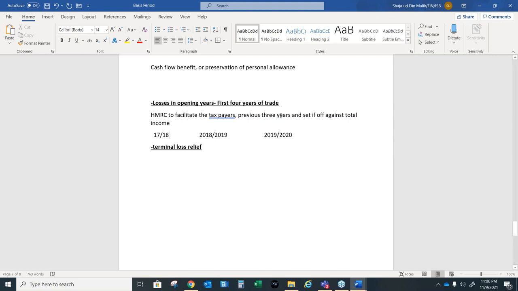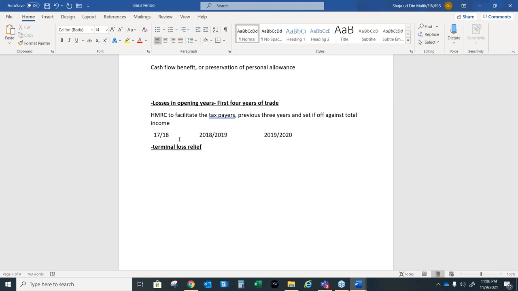So you can write off your trading losses against the income that is not your trading income. Even when there was no trade, the income you earned can be used to settle the trading loss, only in the case if the loss arises in the first 4 years of trade.